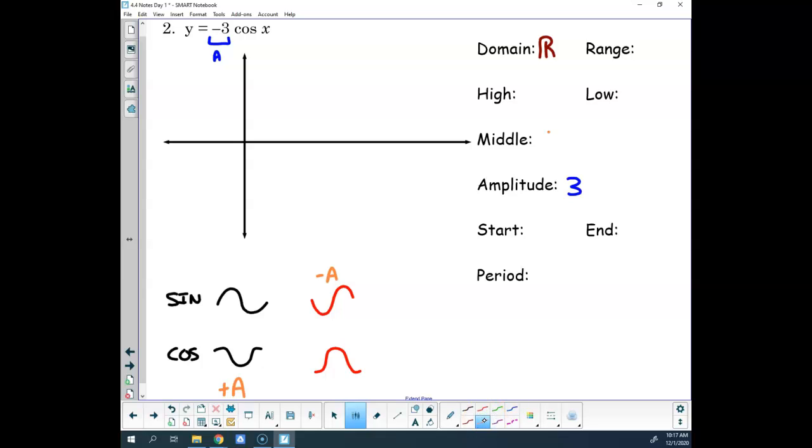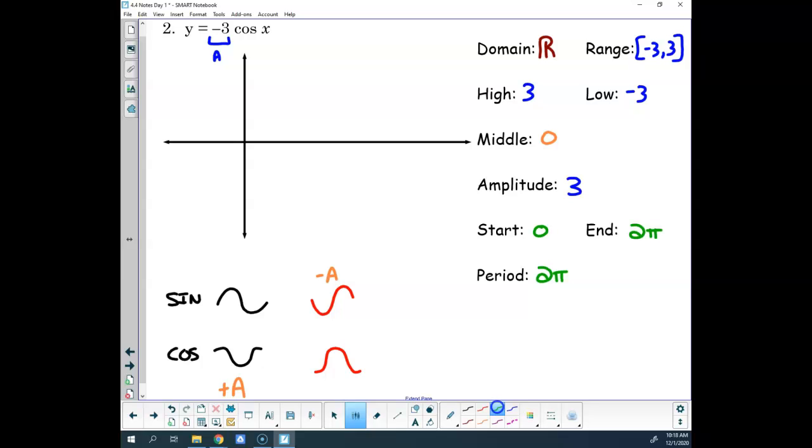So our middle is still at 0, which means we go up to 3, down to negative 3. No other shifts. 0 to 2 pi, period 2 pi.